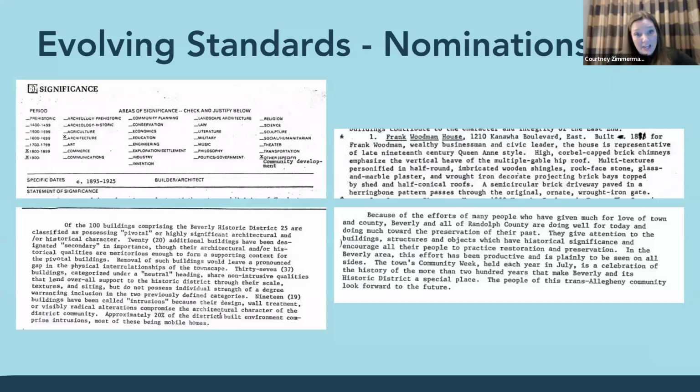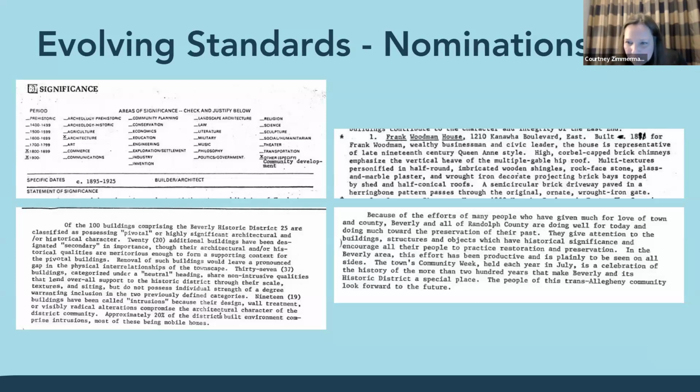Again, in nominations, some of the early nominations may or may not have a clear period of significance. A lot of them use categories like pivotal buildings, and then contributing or neutral buildings, and then they have intrusions. Those are not the terms we use today. It's contributing or not contributing.